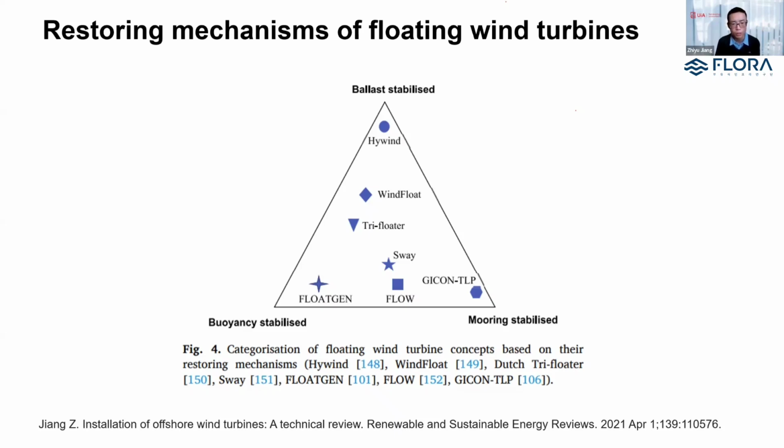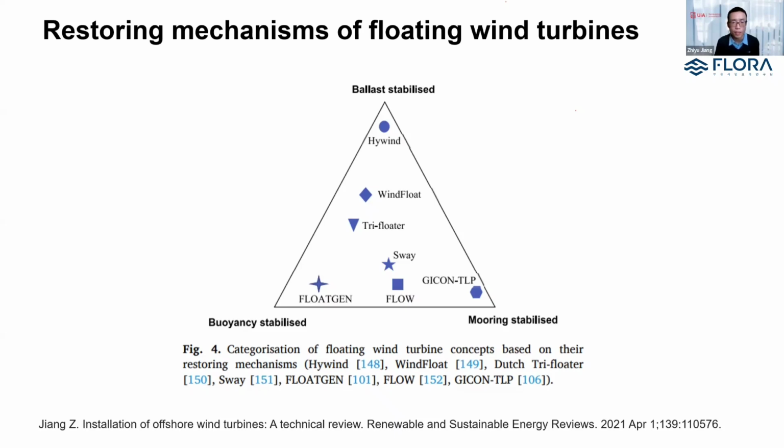Here, I'm talking about hydrostatic stability of the floating platform. That is to say, if we have a certain tilt of the platform itself, what kind of fundamental physical mechanism is happening to make it come back to its original neutral position, okay?